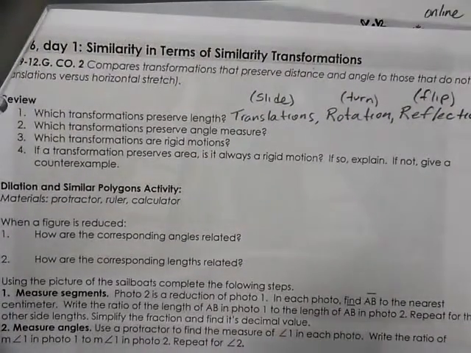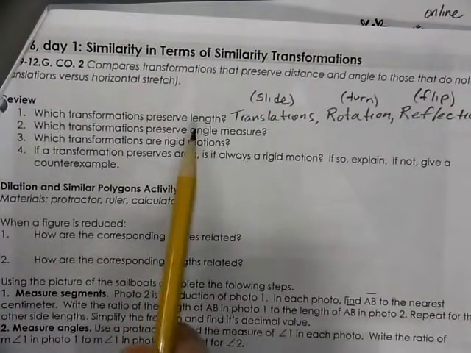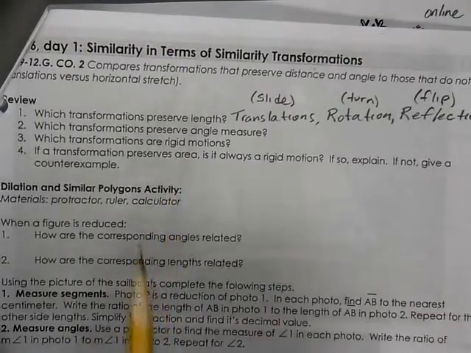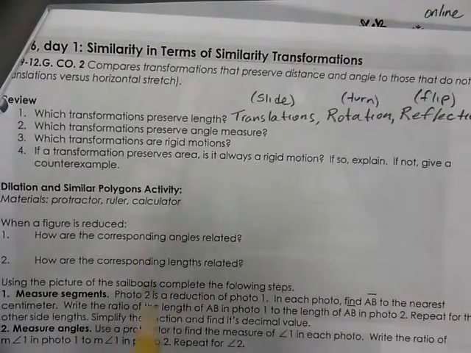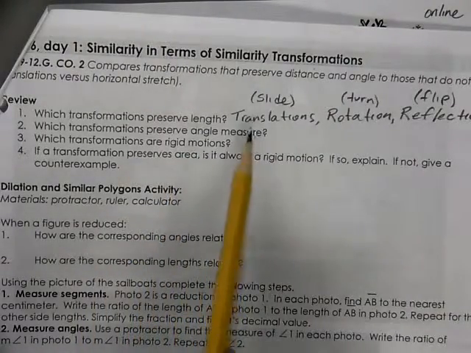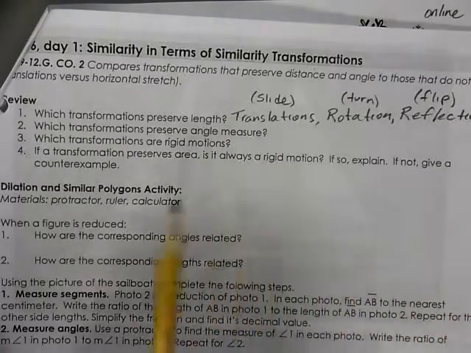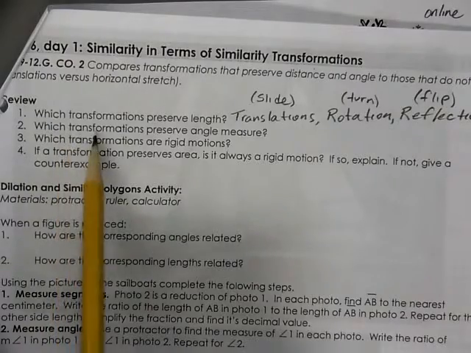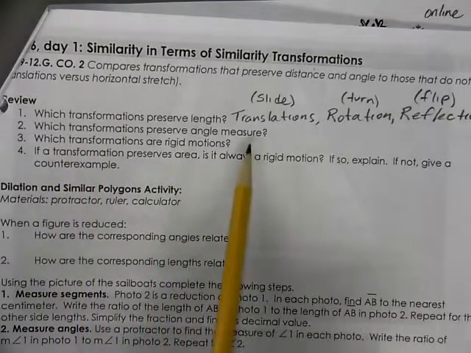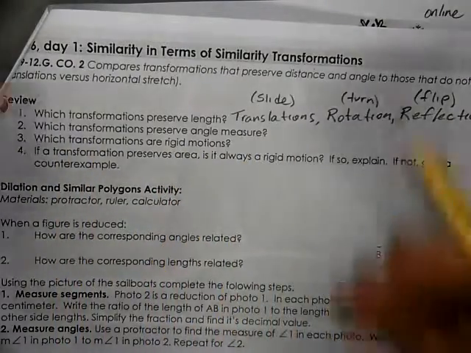Each of those types of transformations, they all preserve length. What that means is that the side lengths don't change when you activate this translation or rotation or reflection. Which transformations preserve angle measures? All of those again.